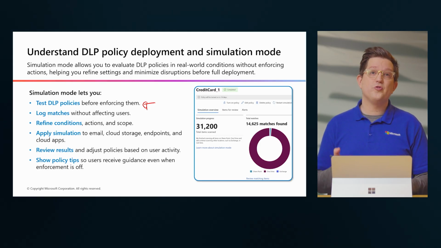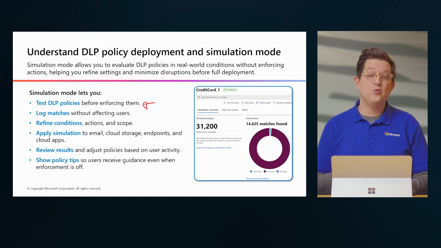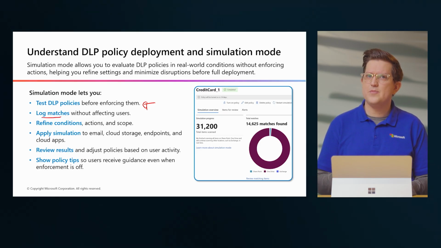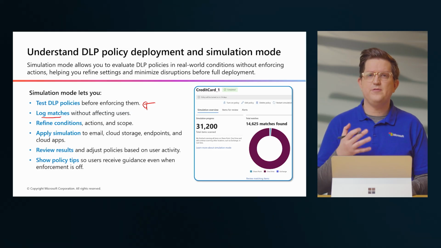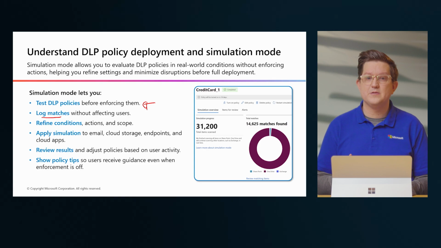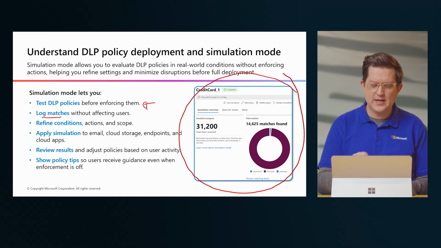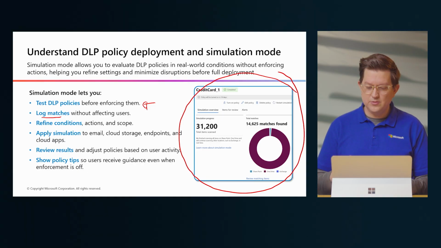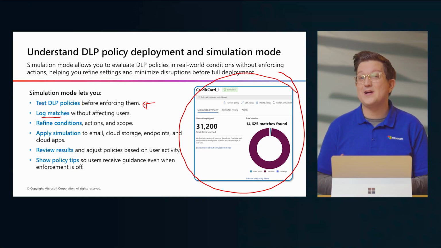Every time a rule triggers, not only is an alert able to be raised, but we do actually also log any matches that occurred there. This gives us an easy way to effectively track over time how things are going in a real-world environment. When you roll out a simulation, we're able to effectively run this across your environment and still get good information about how things are actually being put in place.